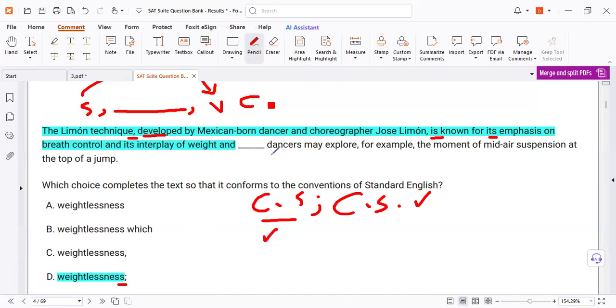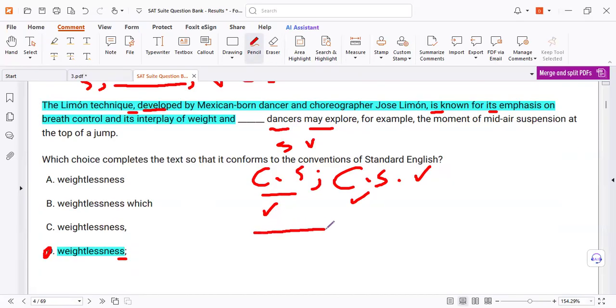After, dancers, subject, may, verb, and then complement. So it's correct. So it's better to use a semicolon. So we test you about complete sentence, complete sentence. How can you join them? Comma only, comma splice mistake. Without any punctuation, run-on mistake.